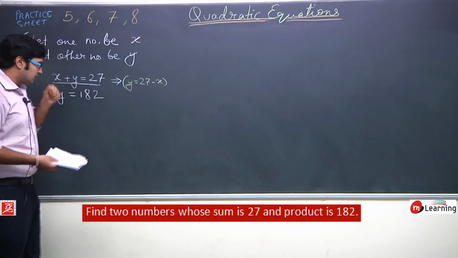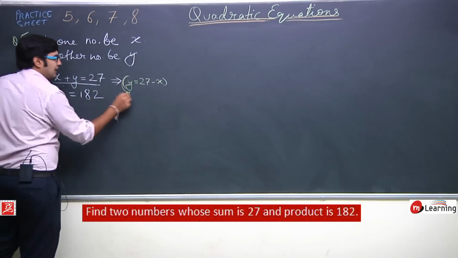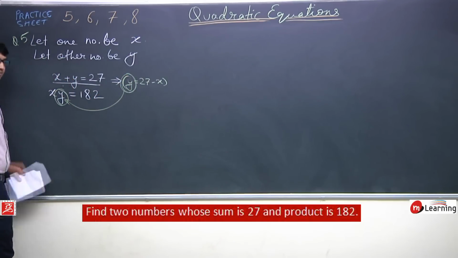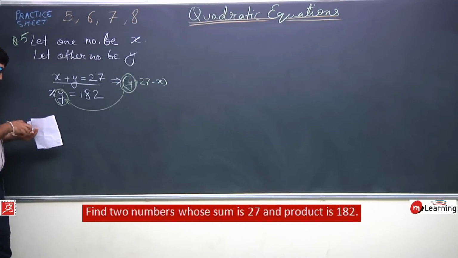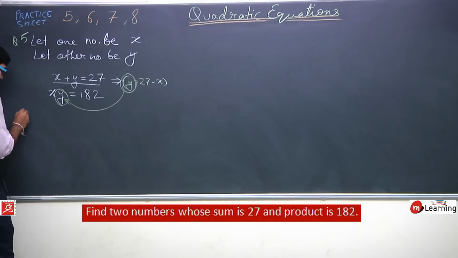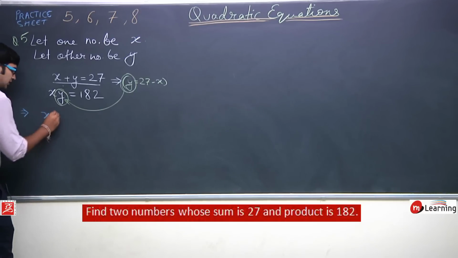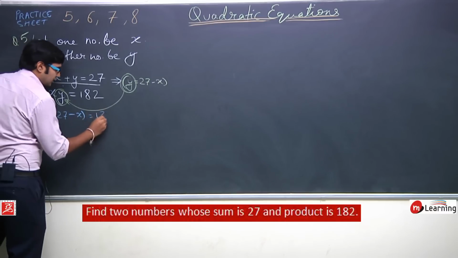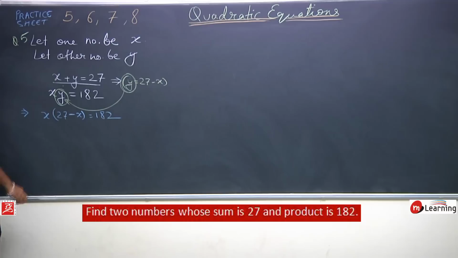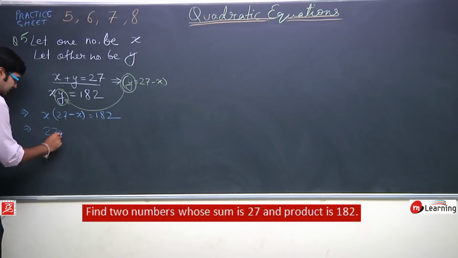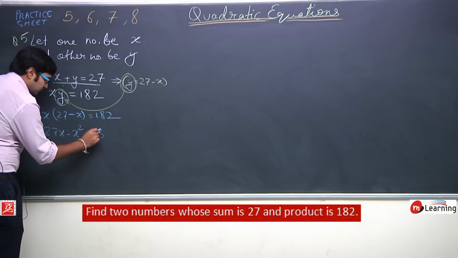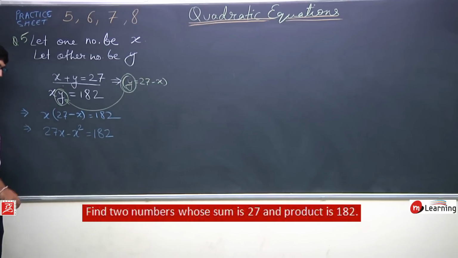It's very simple. Now, this value of y can be substituted in the equation x into y is equal to 182. So I will get x into 27 minus x is equal to 182. Okay. Now further solving this, 27x minus x square is equal to 182.